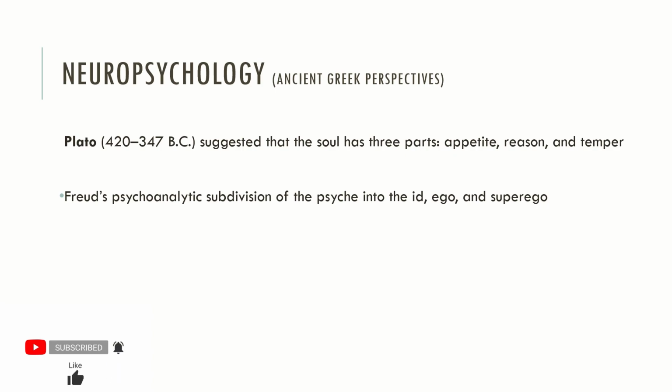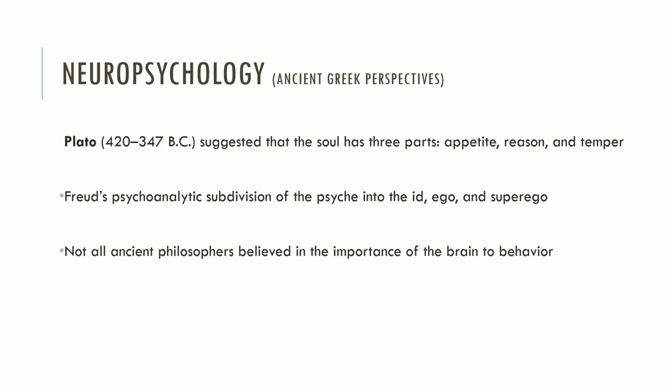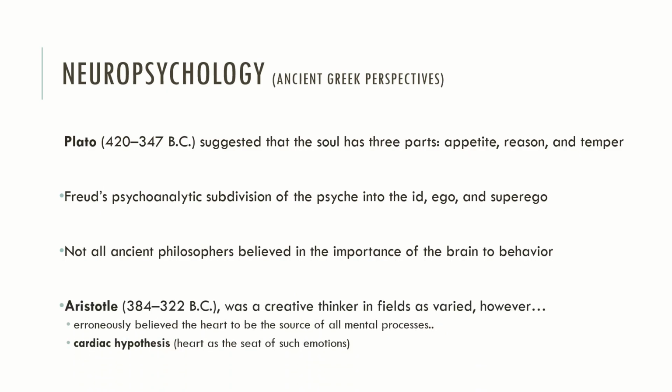However, not all ancient philosophers believed that the brain was the center of the body and that the brain was important to behavior. Aristotle, also a very well-known Greek philosopher, was a creative thinker in various fields.